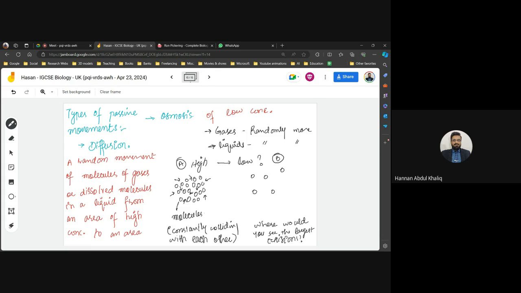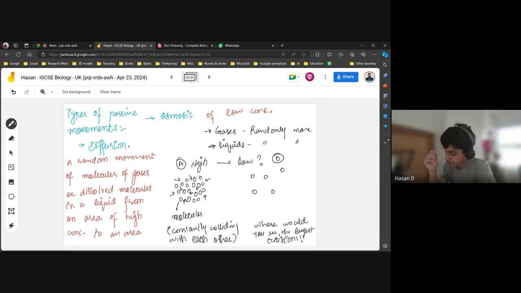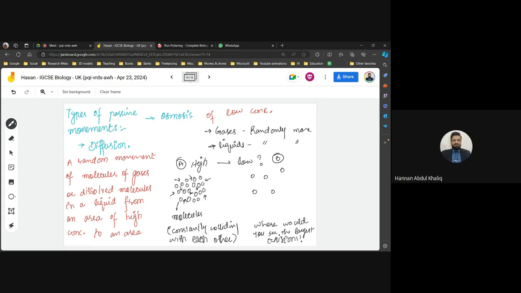The higher collisions would be in A. So the molecules keep on colliding with each other, and they would start getting away from the area where they are in high concentration. Why? Because there is too much collision.